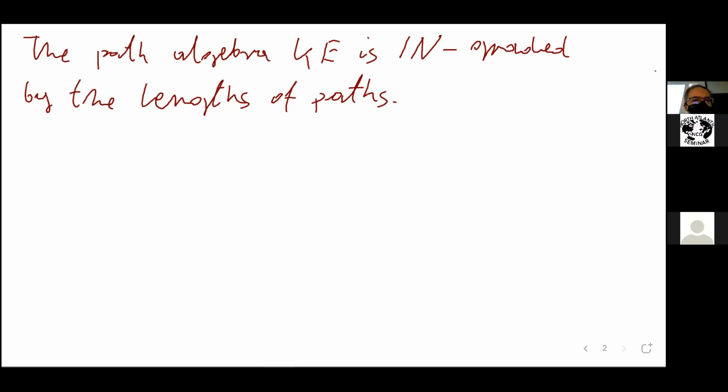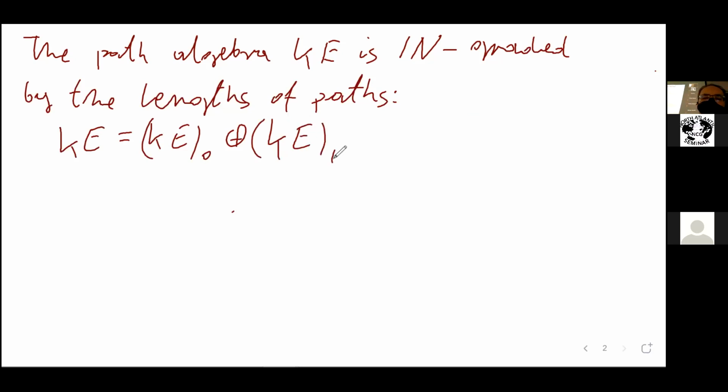Okay, well, I think it's pretty obvious. We can simply write KE as KE_0 plus KE_1 plus KE_n, and so on and so forth.